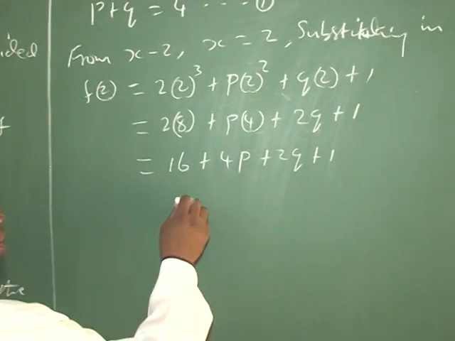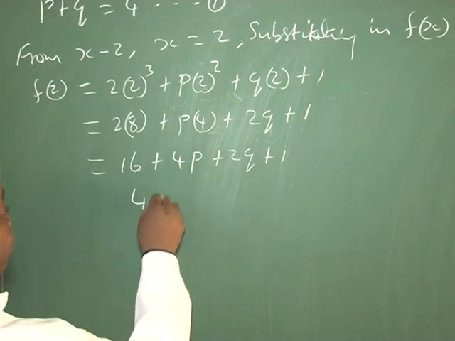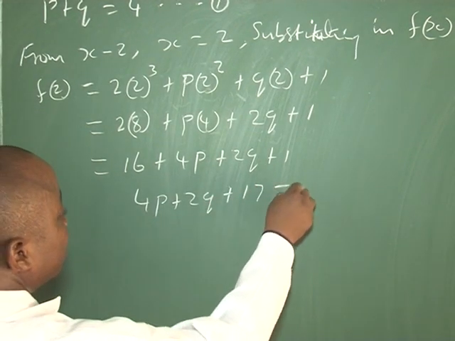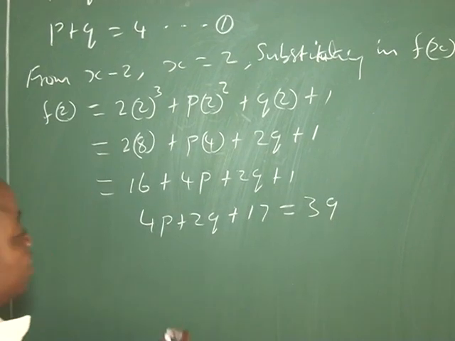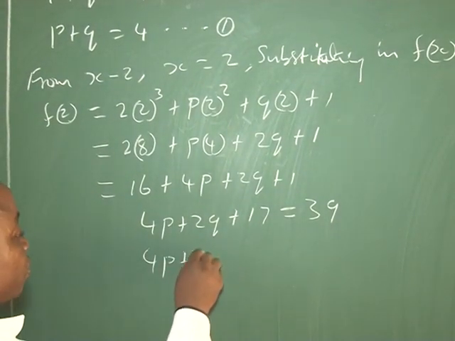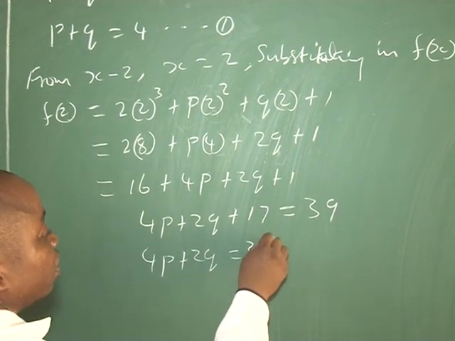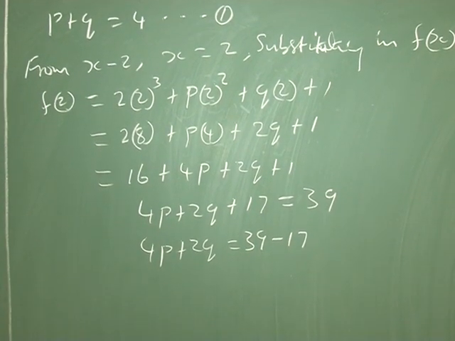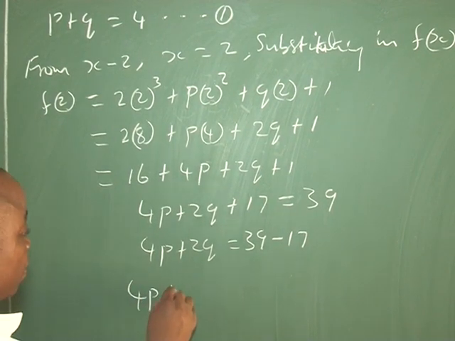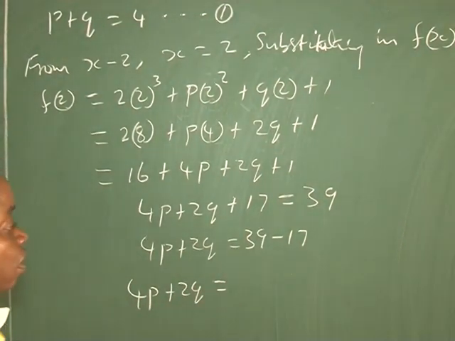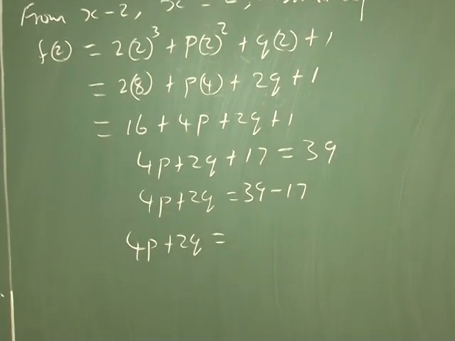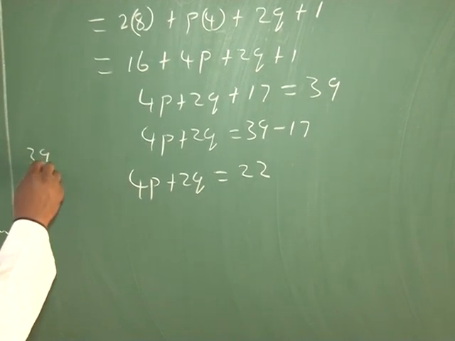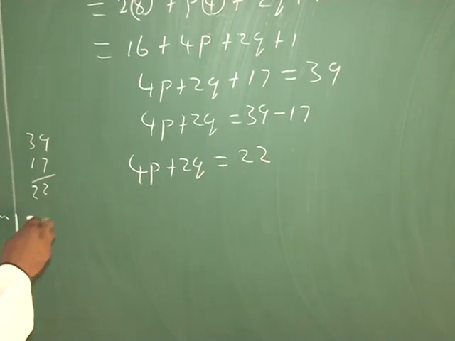So we have 4p plus 2q plus 17 equal 39. 4p plus 2q will be equal 39 minus 17. Now, 39 minus 17 will give us 22.